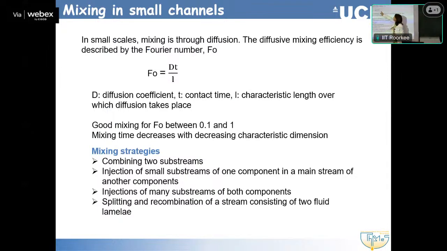We have a diffusion coefficient, the time that the contact is happening, and the characteristic length over which the diffusion takes place, and we have good mixing. If people use micro mixers, as we will see, this is a dimensionless number to check if good diffusive mixing will happen. The Fourier number has to be between 0.1 and 1 to have good mixing. So I will talk a little bit about mixing of single phase flows, and then we will move to two-phase flows.